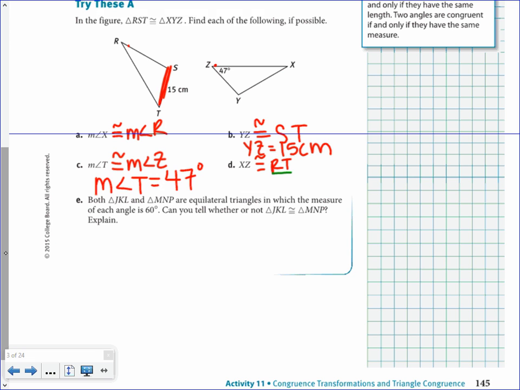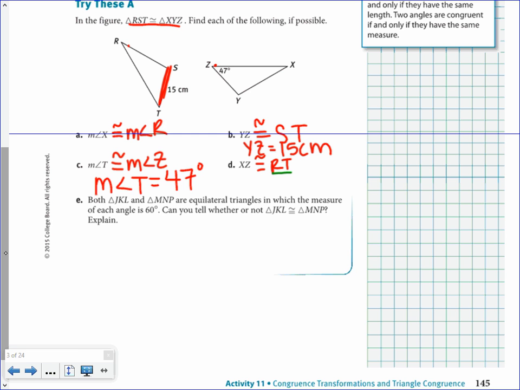If you're wanting to use a manipulative to help determine the sides and the angles that are corresponding, if looking at the order in your congruent statement up here is confusing to you, you could use patty paper to trace one of your triangles and then rotate, reflect, translate it somehow so that they map onto the other triangle.